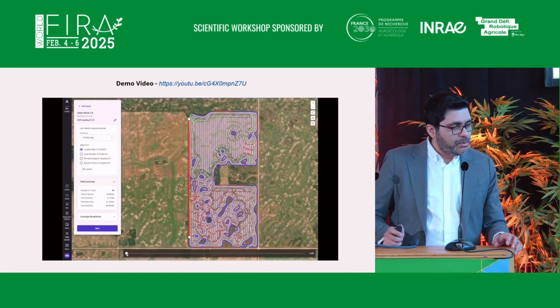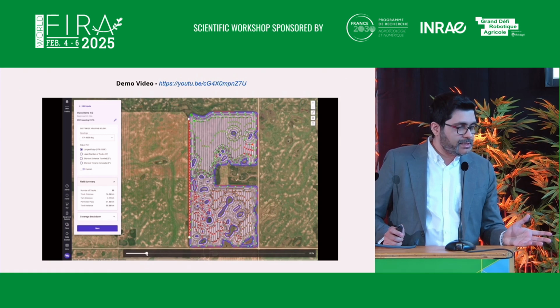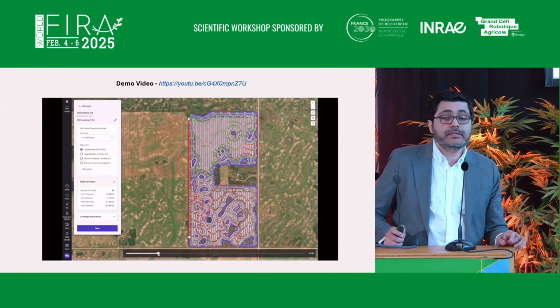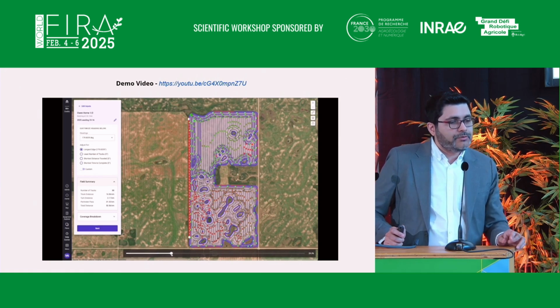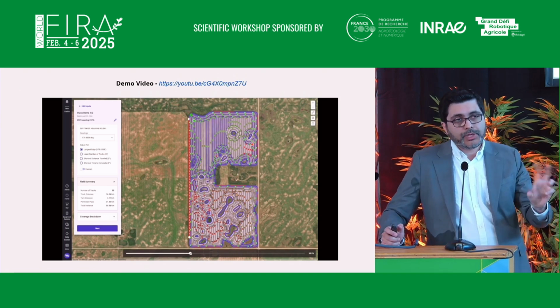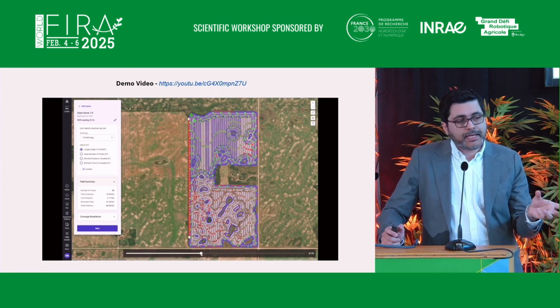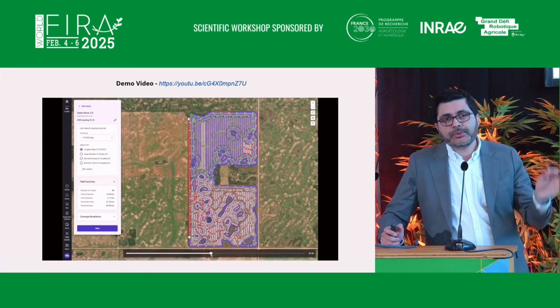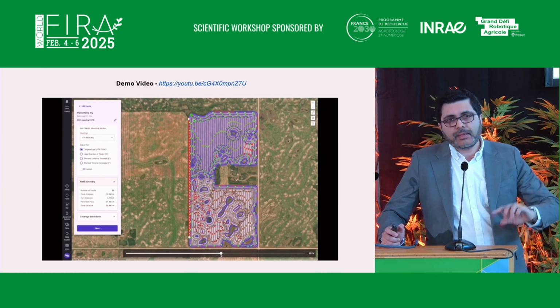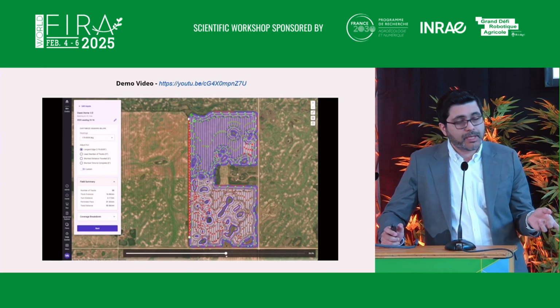So now, yeah, this is the route, and now this is being navigated. So you see the tracer that shows you how the route is being navigated. If you choose a different start point, you can do that. A different start point, different end point, the route would adjust accordingly. And it will try to find the best way to navigate from the start to end point and minimize the number of double maneuvers.